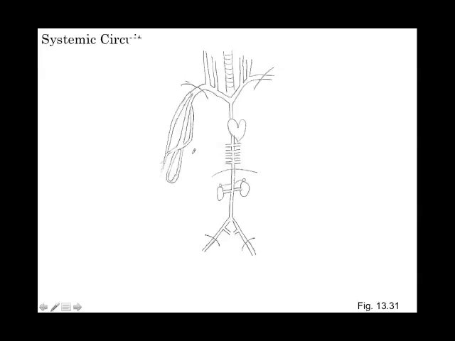Now superficially, we have this one that runs medial in the upper limb, and that one is called the basilic vein. This one over here is the cephalic vein, and that runs on the lateral side of the limb, very superficial.